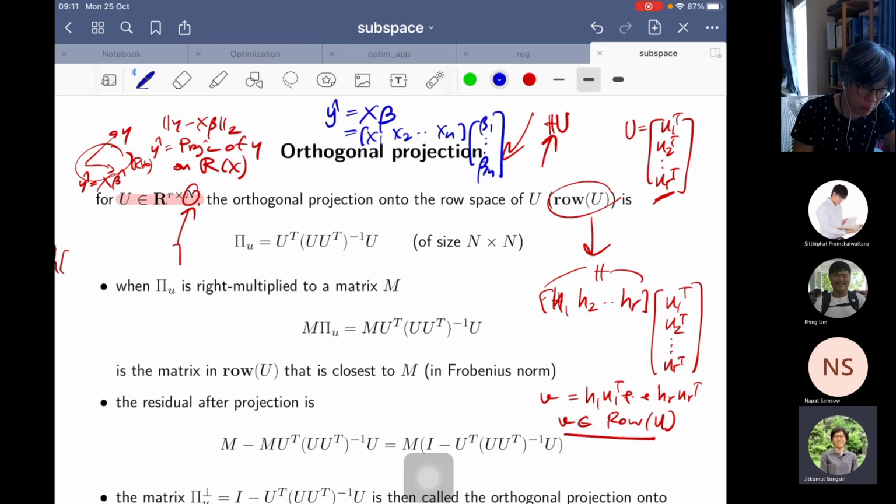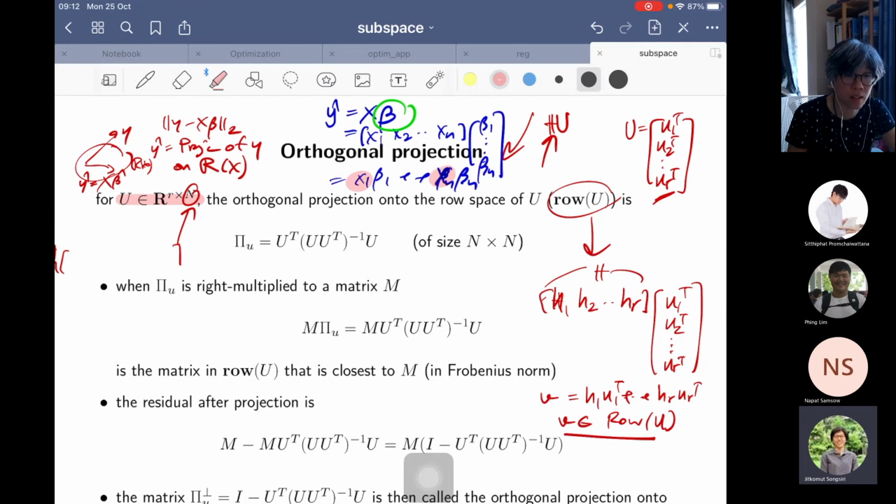You multiply beta on the right hand side, and the result says that your y hat is a linear combination of columns in X. So y hat is in the column space of X, or what we call the range space of X.